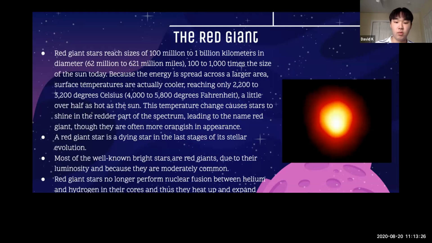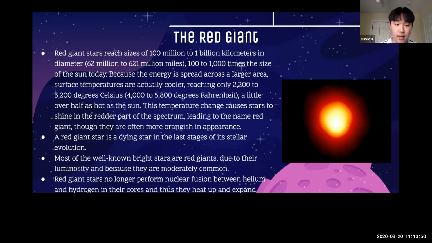After this main sequence phase, it will go into the red giant phase, which is pretty similar, but this red giant reaches a size of 100 million to 1 billion kilometers in diameter, which is an extreme amount of kilometers.